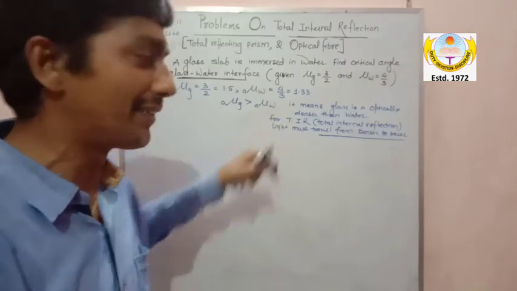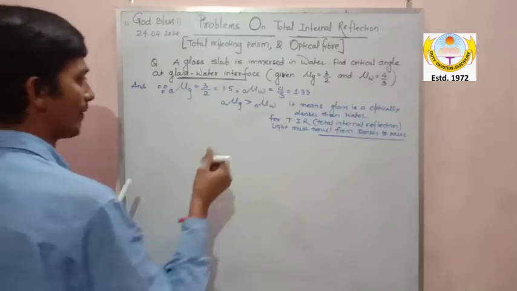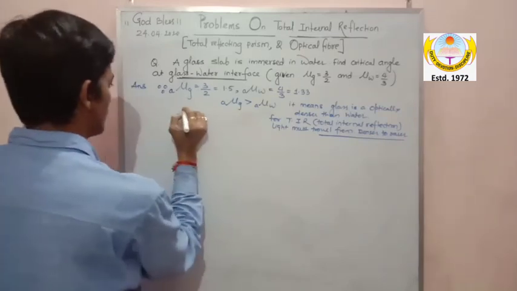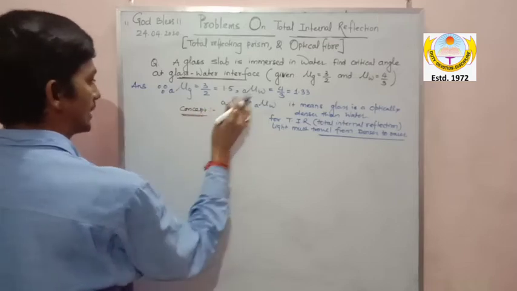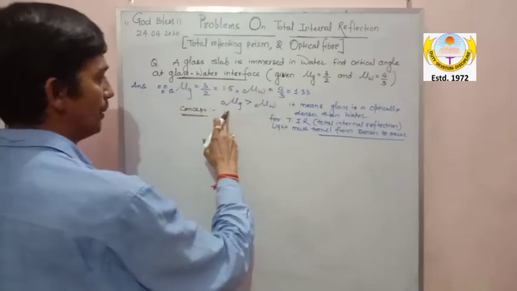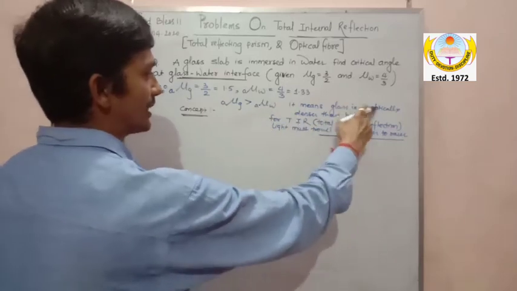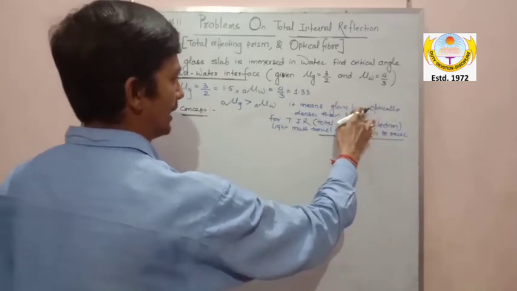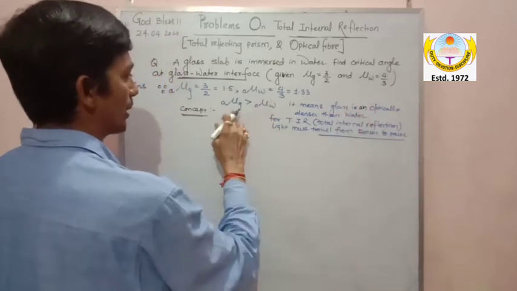So this is your concept: mu G is greater than mu W from the data. It means glass is optically denser than water by looking at the value.